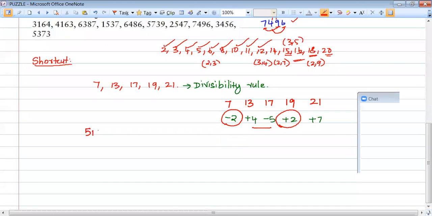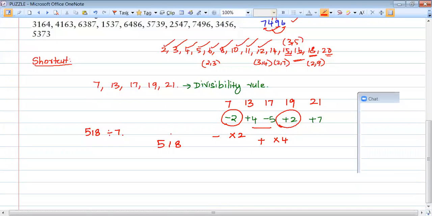Suppose I want to check 518 is divisible by 7 or not. First, remember this -2. Okay, first write 518. This -2 in the sense subtraction multiply with 2. That is the meaning. Plus 4. Multiplication with 4 addition. This is the meaning.